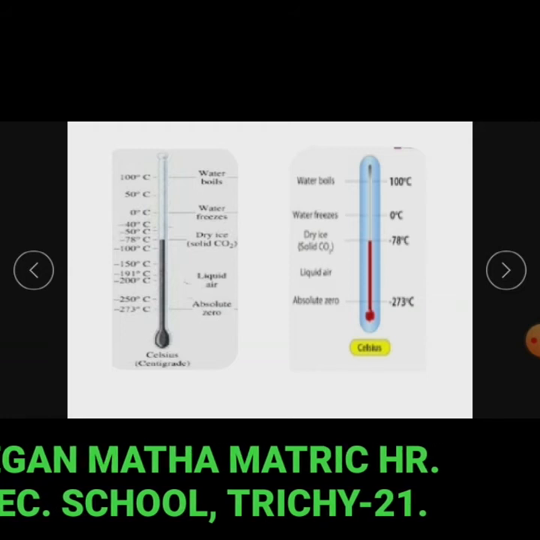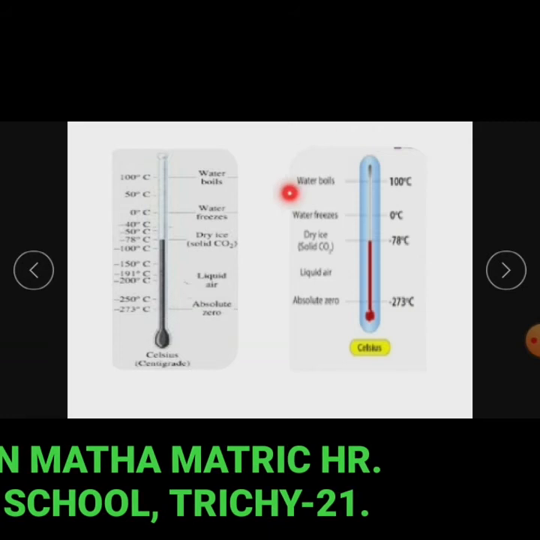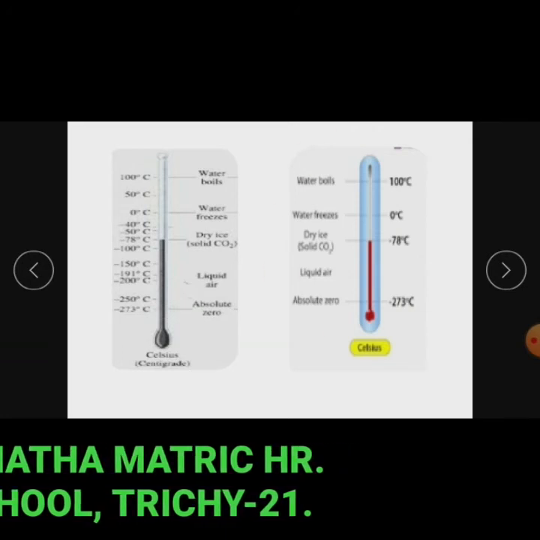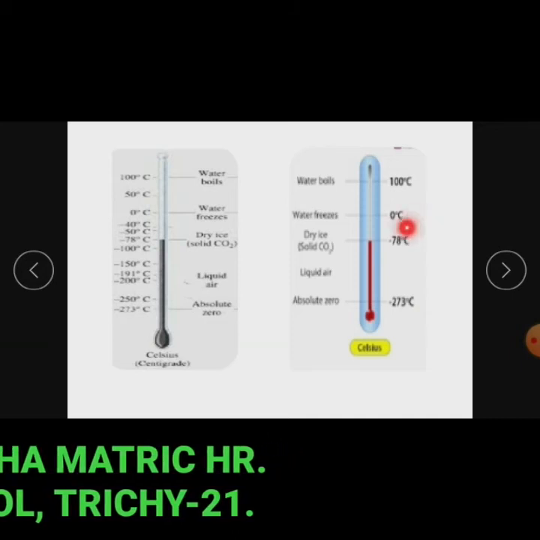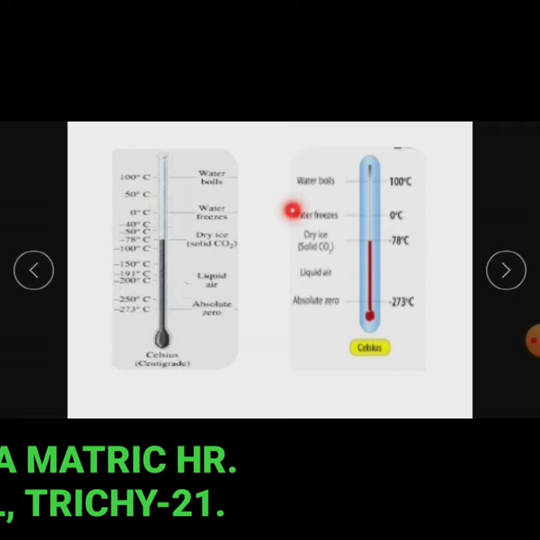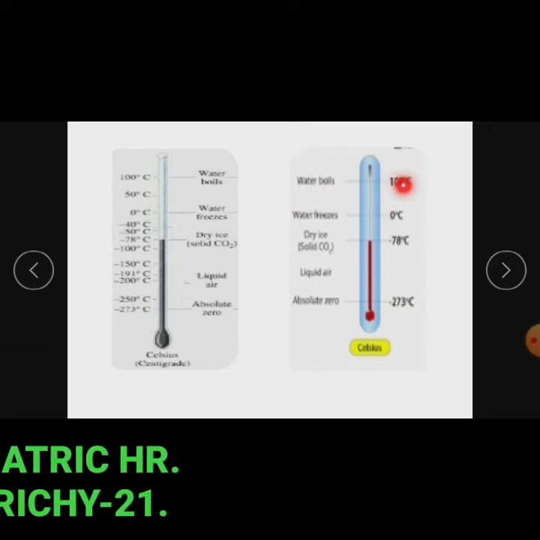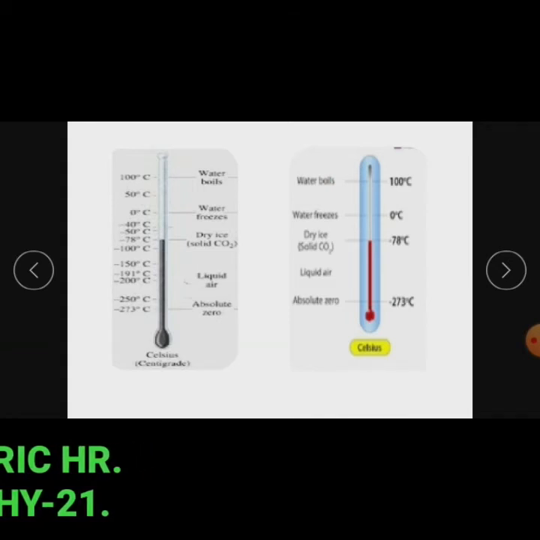Here, a Celsius scale thermometer is shown. In the Celsius scale, 0 degrees Celsius is the freezing point of water and 100 degrees Celsius is the boiling point of water. Absolute zero temperature is equal to minus 273 degrees Celsius.